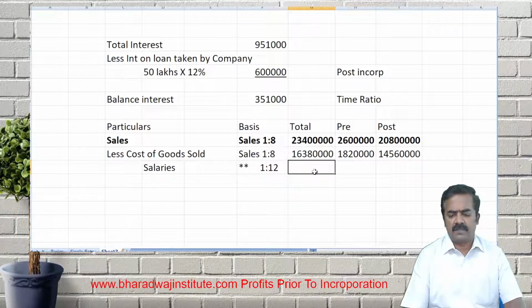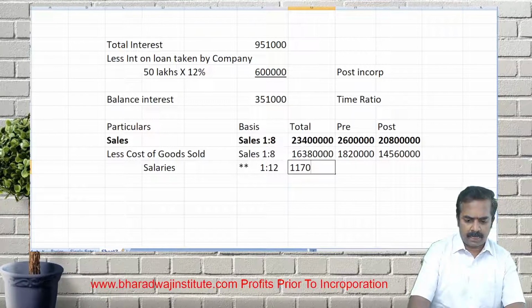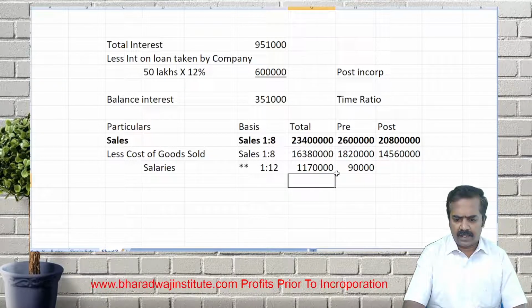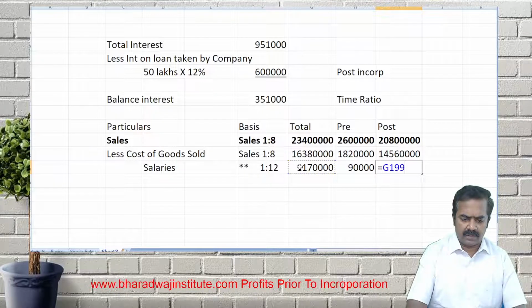What is the total salaries paid? 11 lakh 70,000. This into 1 by 13 and this into 12 by 13.